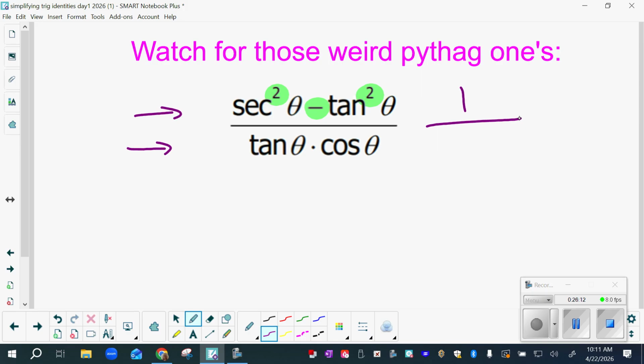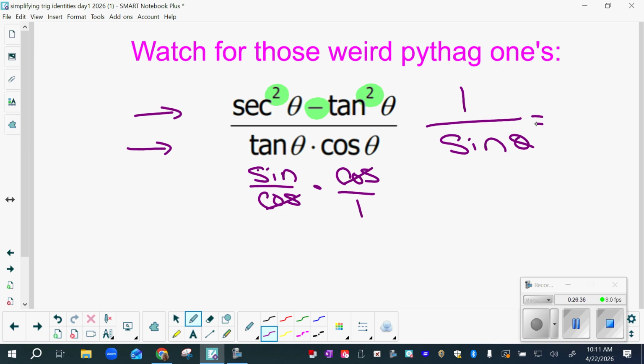Now I'm going to say sine over cosine times cosine over 1. How about a little bit of cancel action? Are you forgetting to write the thetas right now too? Because I get excited. So I got 1 over sine squared. I'm not allowed to have fractions at the end.